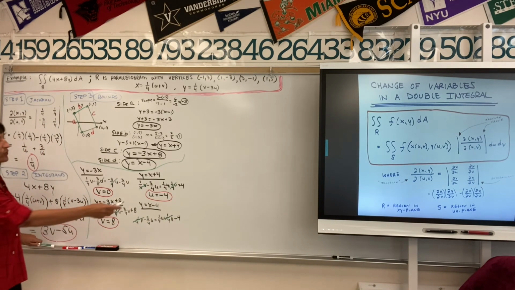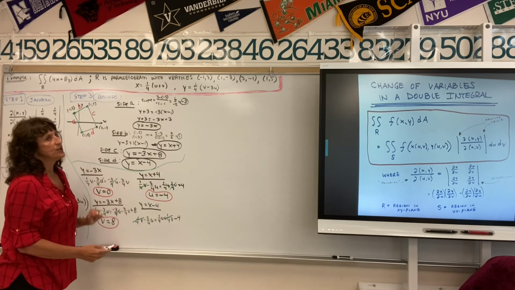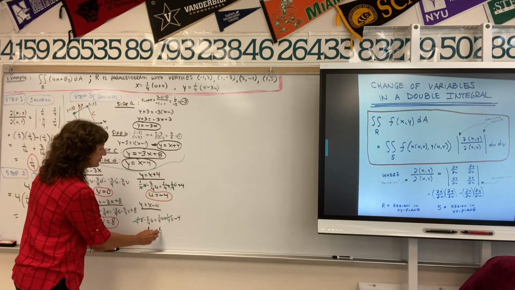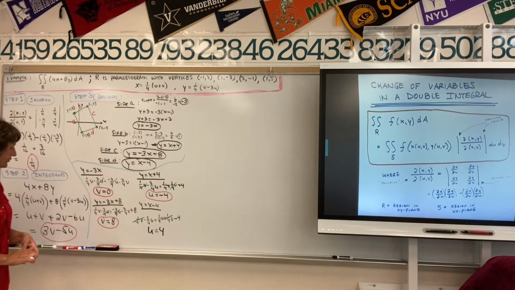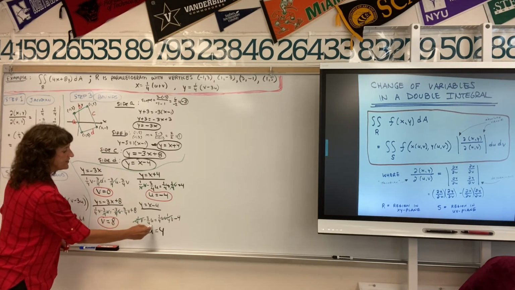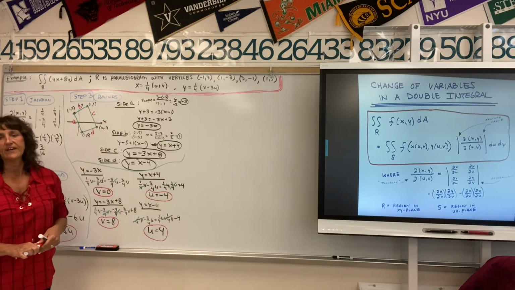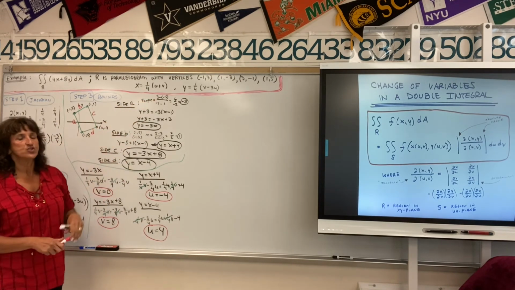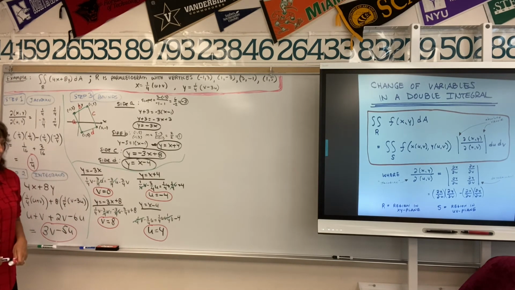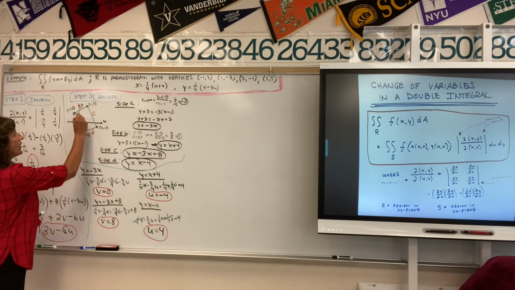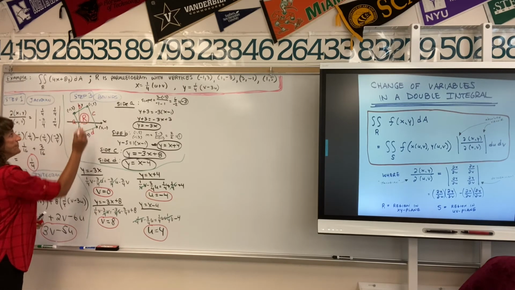When you subtract 1/4 u, you get negative u equals negative 4, so this one brings us u equals 4. So here's how we take the sides of the parallelogram: write the equation in terms of x and y, and use your conversions to change them to u's and v's. This is our region R, the region in the xy plane.